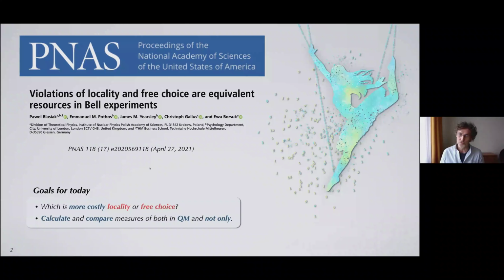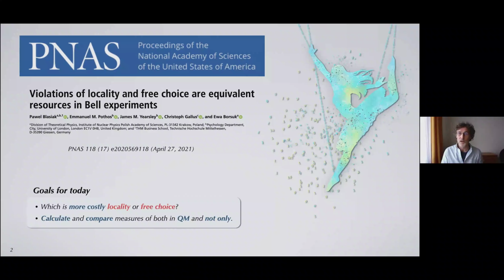So how to compare those two? I'll need to give you some measure of those two, and if I would like to compare them, this measure will have to be built on the same concept in order to make a comparison. Then I will show how to compare those measures, both from the theory and beyond, in more general scenarios.